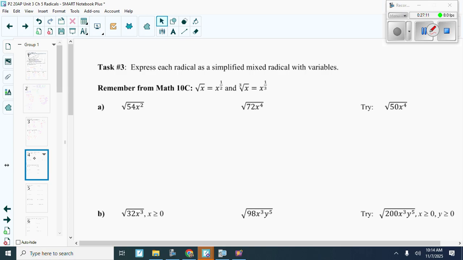One way is to remember from last year that we could write a radical as an exponent in a fraction. Whatever the index is, the index would become the denominator of our fraction when we write it in exponential form.